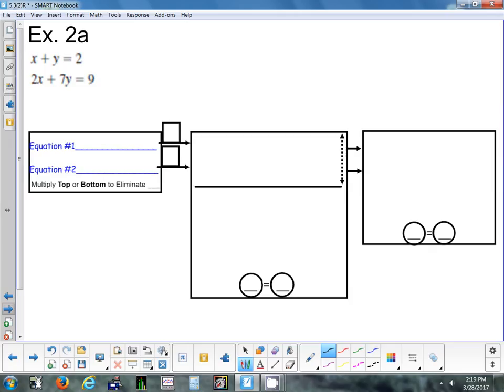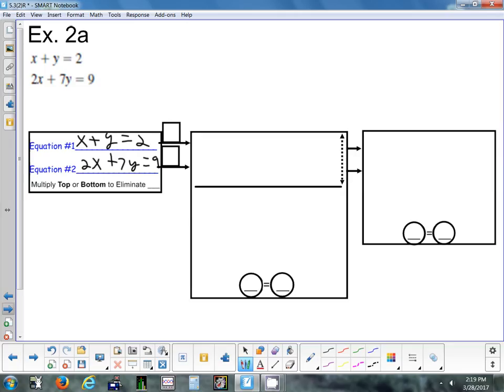Are they lined up, Antonio? Yes. Okay, so since they're lined up, where do I put them? In the box. Throw 'em in there. Okay, equation 1, you're going to put x plus y equals 2. 2x plus 7y equals 9.